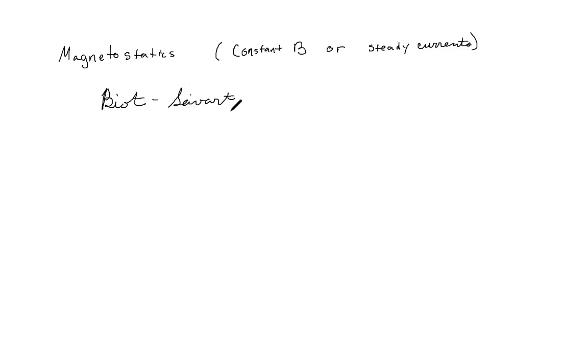Biot-Savart, the T is silent, it's French, you don't say half the letters. The T's are both silent. So it's not Biot-Savart with a T, it's Biot-Savart. And this law is kind of like Coulomb's law, but for magnetic fields.